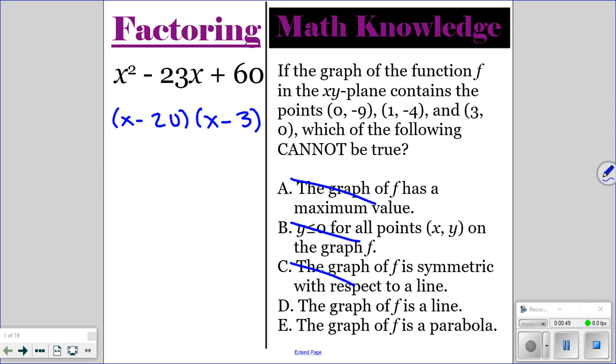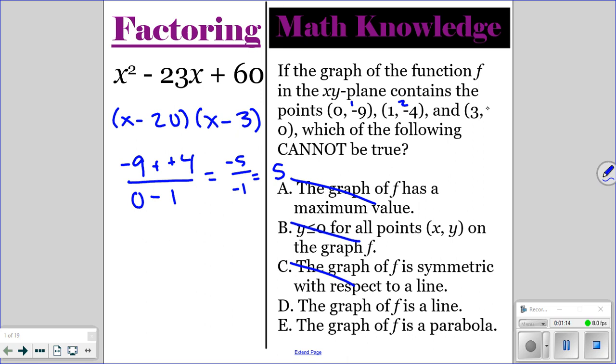The only thing we can discover is, is it a line or a parabola? And so if it's a line, the slope between all of the 3 points should be the same. So the slope between points 1 and 2, (y2 - y1) over (x2 - x1), is going to be negative 5 over negative 1, which is just 5.